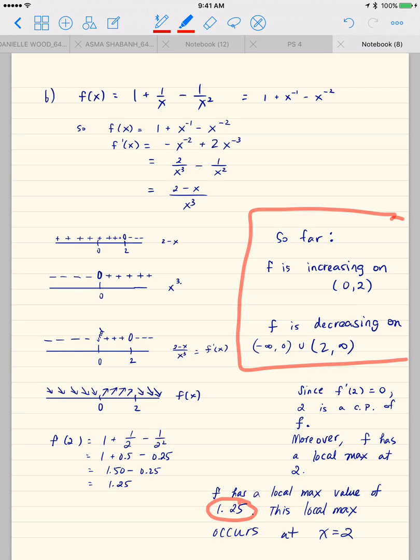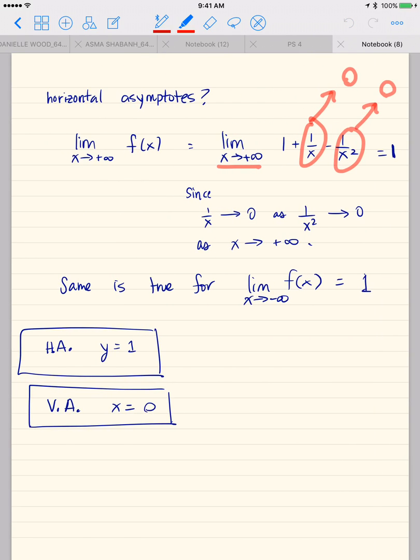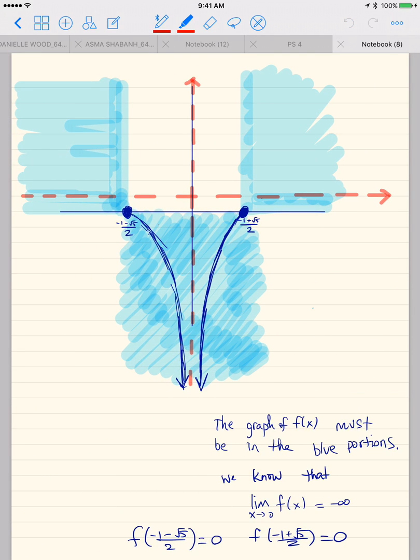Okay, so how can we put this in our graph? Well, how can we use the fact that we have a local max equals 1.25 and it occurs at x equals 2? From the graph that we've shown, since our function has to be within the blue area, we actually don't even have to do any computations.